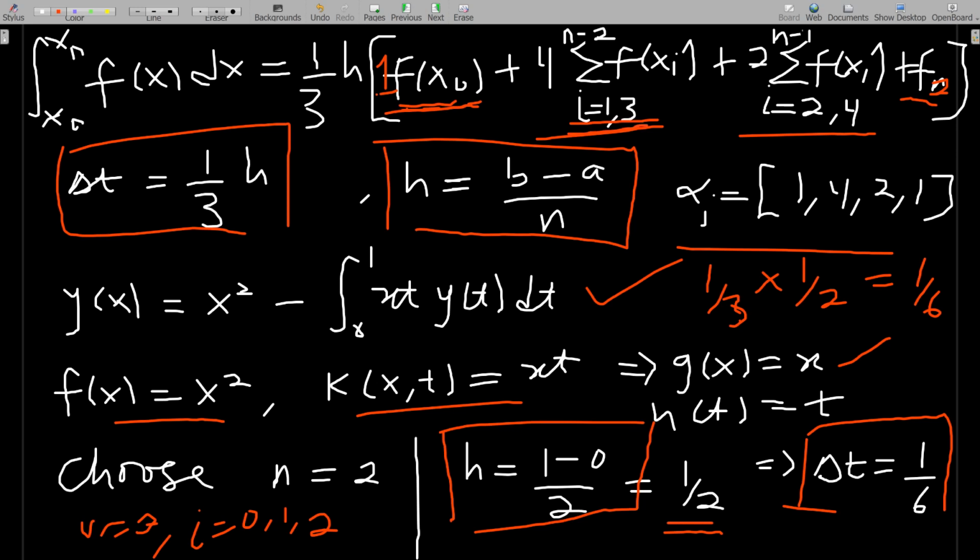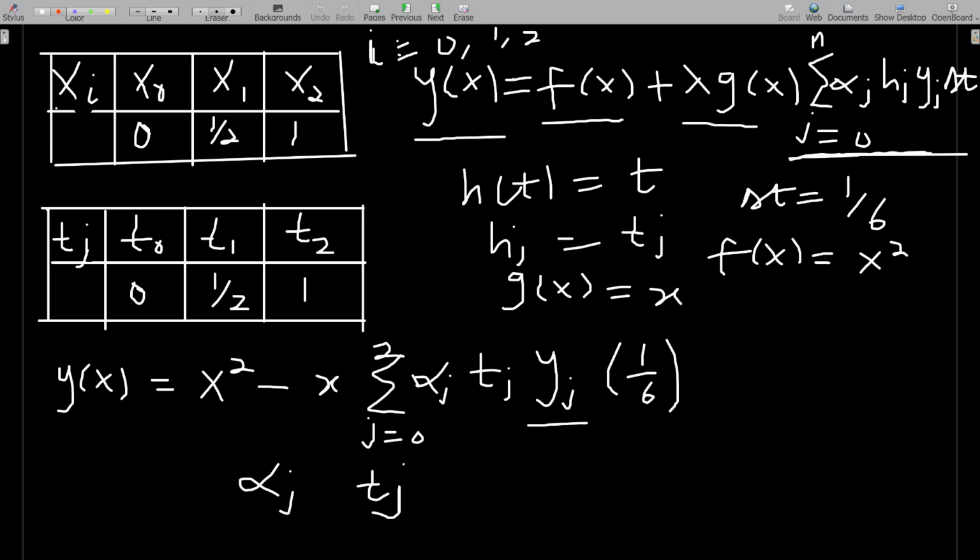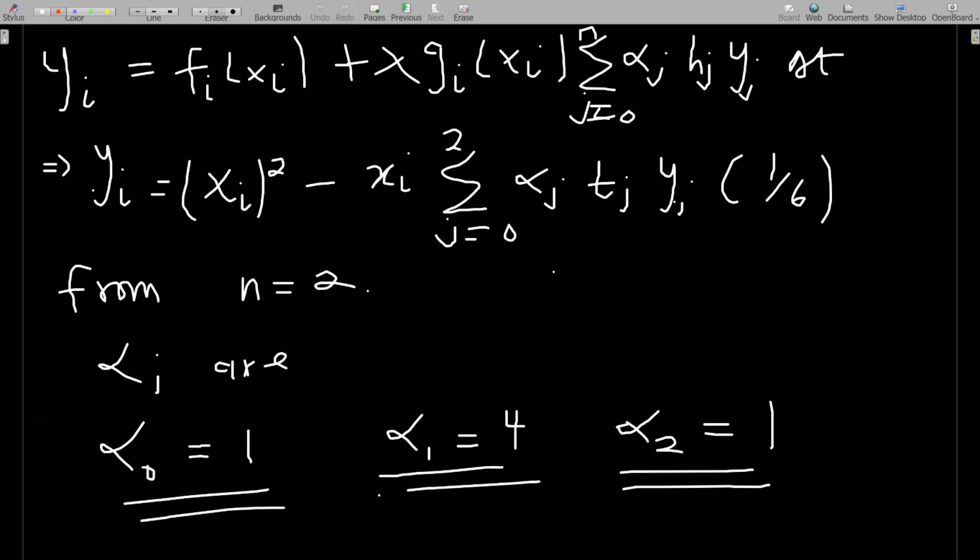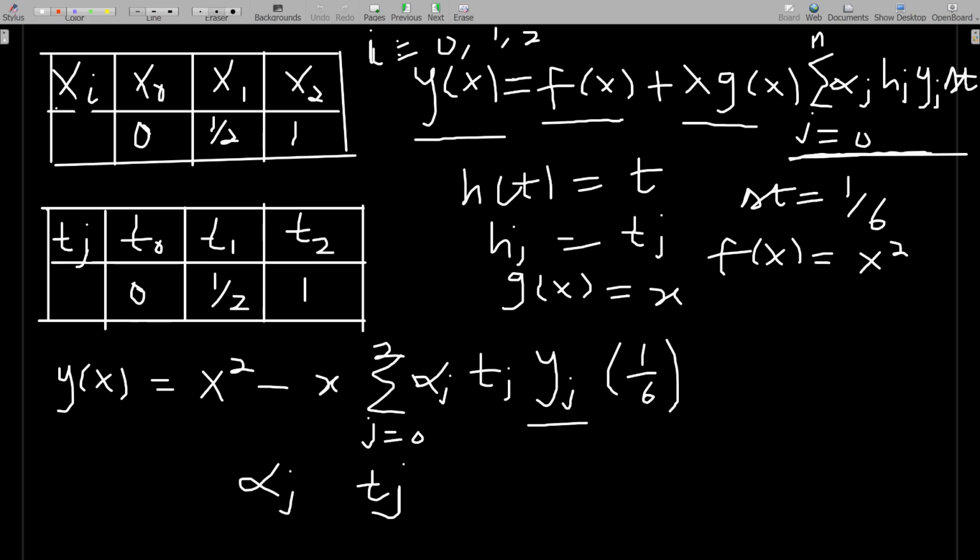Now i is equal to 2, which is the last one, the n. So you come to the last one, which is the fn, and the coefficient there is 1. So that will be my alphas. I know my alpha naught is 1, alpha 1 is 4, alpha 2 is 1 as well.